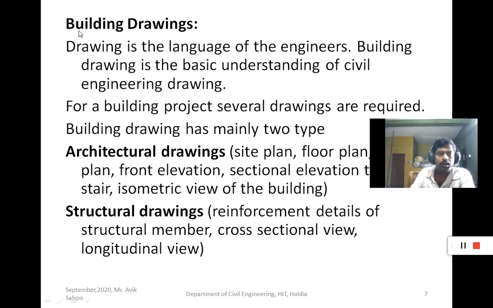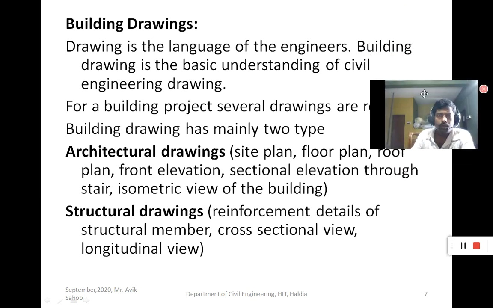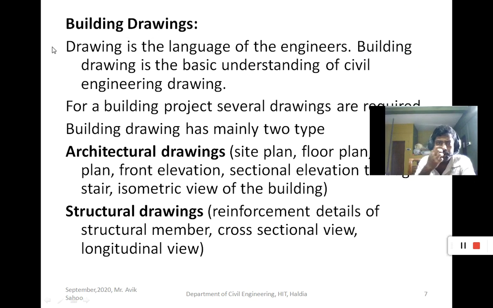Now next I will discuss the building drawing. You know it's a very essential thing that drawing is the language of engineers.